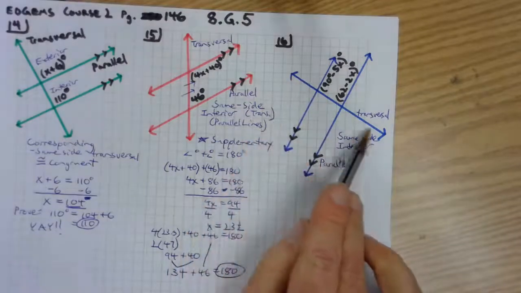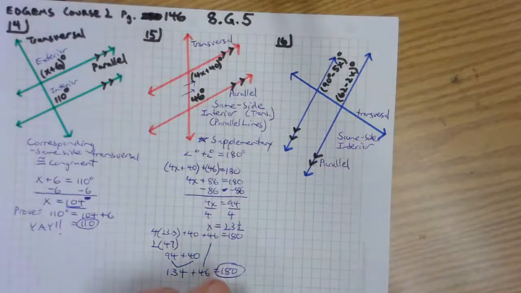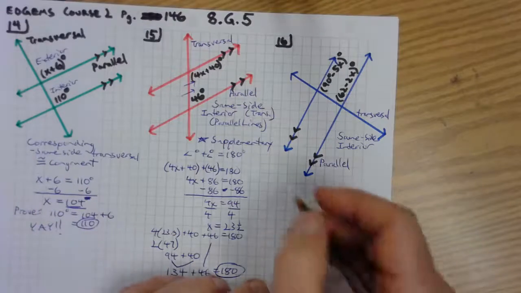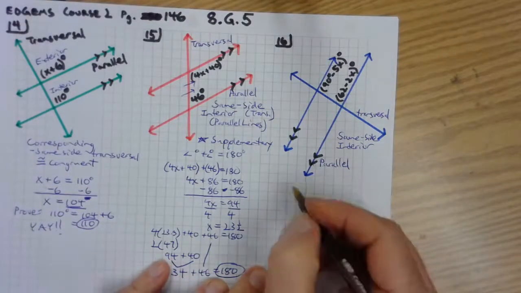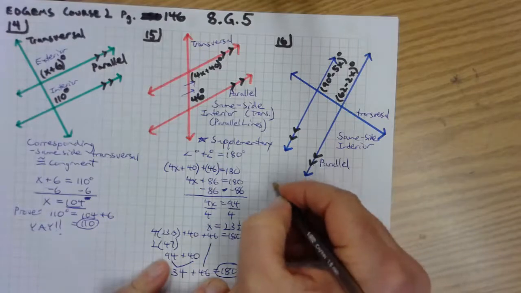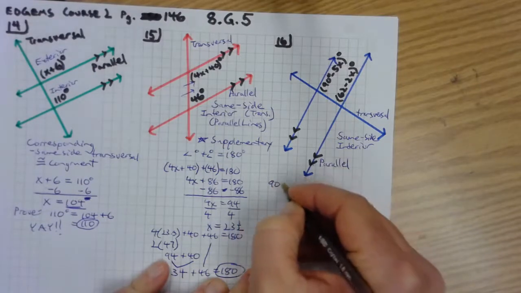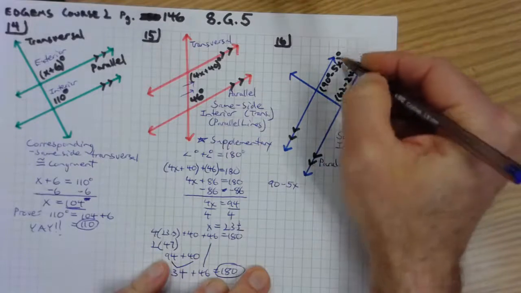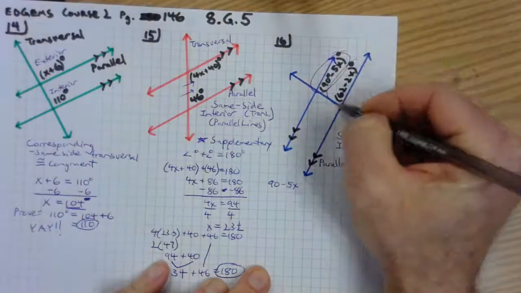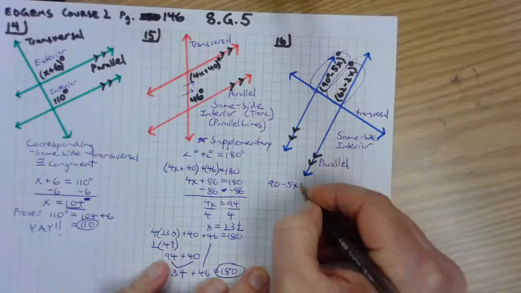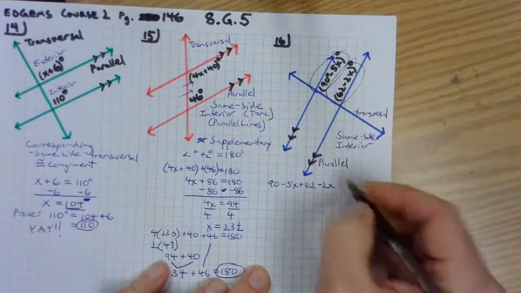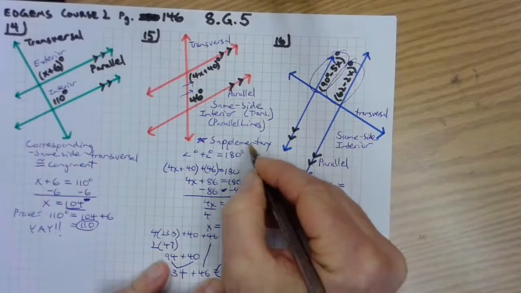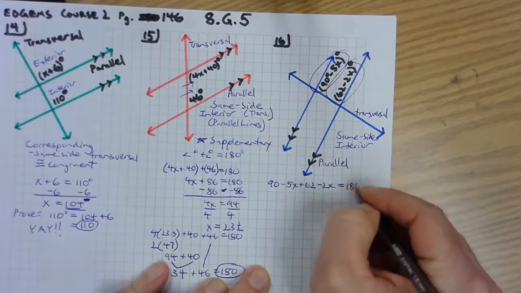I'm thinking of the word transversal. Thinking vocabulary is one way to always study it and an easy way to master it because you're using it. So I'm going to take the 90 minus 5x from right here and the 62 minus 2x from that second angle. These are supplementary, they equal 180.